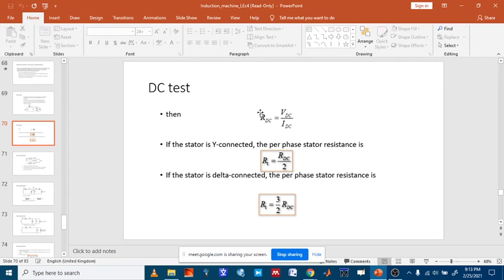You get it? So you know VDC and IDC, you can calculate RDC, given by VDC over IDC. How can we calculate R1? When the stator is star connected, R1 is equal to RDC over 2, and when it is delta connected, R1 is equal to 3 over 2 times RDC.